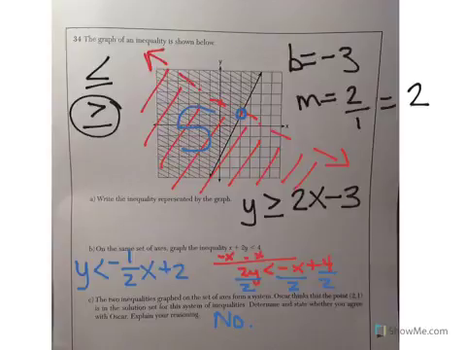So, no, 2, 1 is not in our solution set because it is not a solution for y less than -1/2 x plus 2. The reason it's not in that solution set is because it's a dotted line. It's not equal to, it's less than that. So it can't be on the dotted line and still be in the solution set. Okay? And if I had more room, I would give a better explanation.